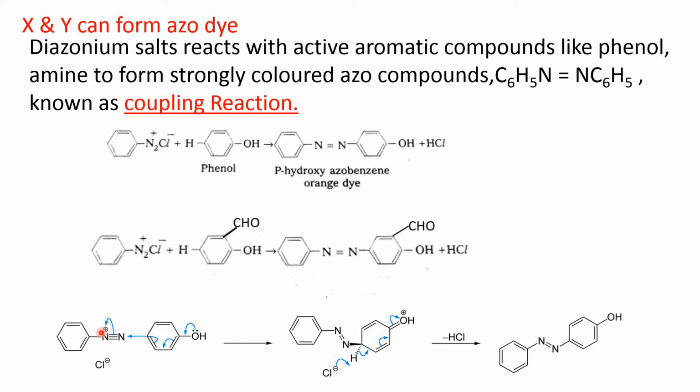This pi bond shifted here, then you will get this compound. Then this H plus is removed. When H plus is removed, this pi bond shifted here, then again it shifted here. We will get this azo compound, that is para-hydroxyazobenzene, where the OH group is in the para position of this azo group. Okay, so this is the coupling reaction.